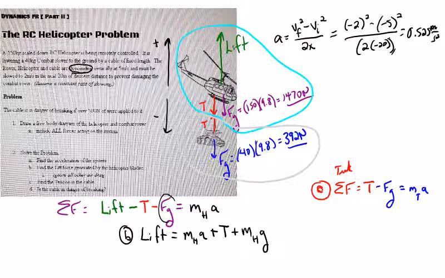If I rearrange this, I should be able to find the tension, because it should be the mass of the tank times acceleration plus the weight of the tank, which is the mass of the tank times gravity. So this is how I would find part C, and that would find my tension.